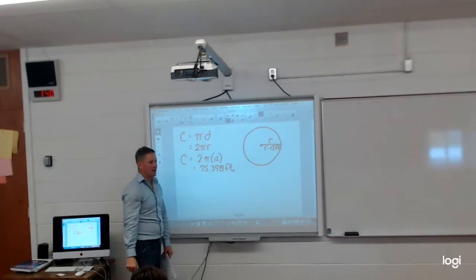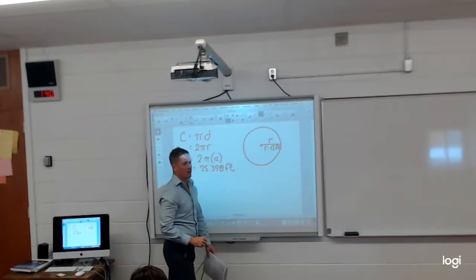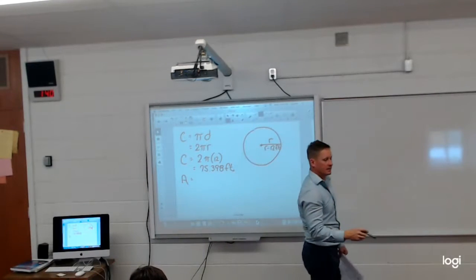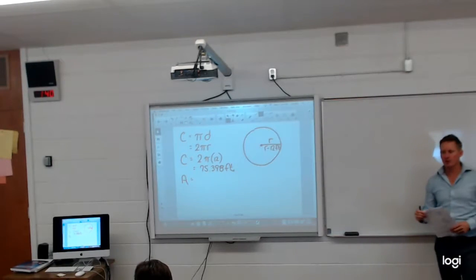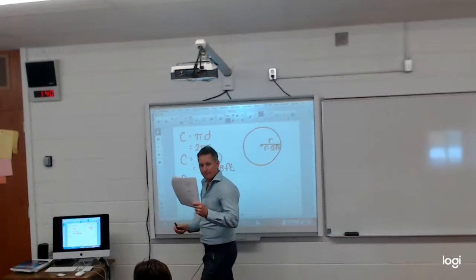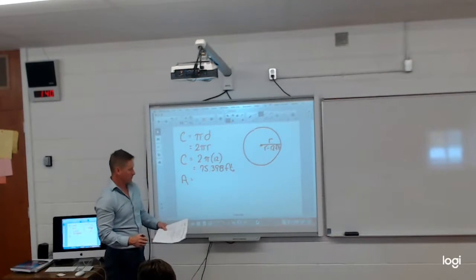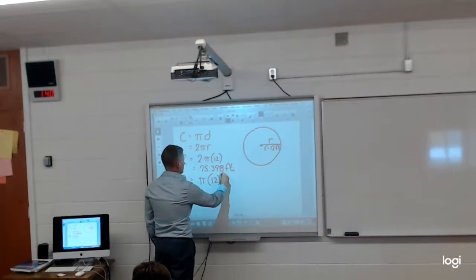Okay? Now, if I ask you what the area is, I don't know if there are any area questions. I see all circumference on the assignment. But if I ask you what the area is, how do I find the area of this circle? Pi times radius squared. So pi times 12 squared.